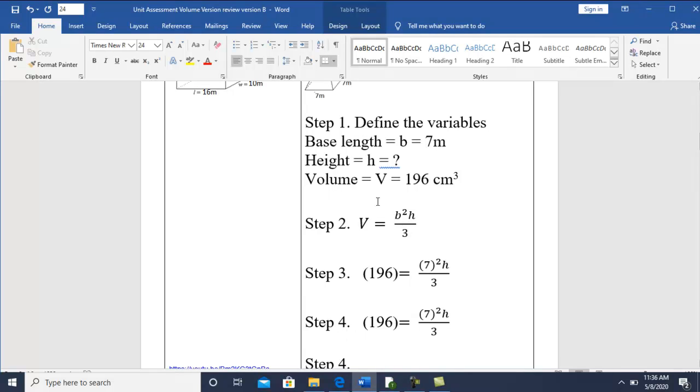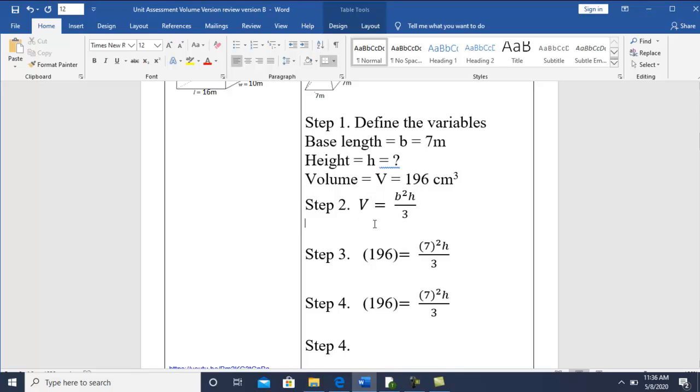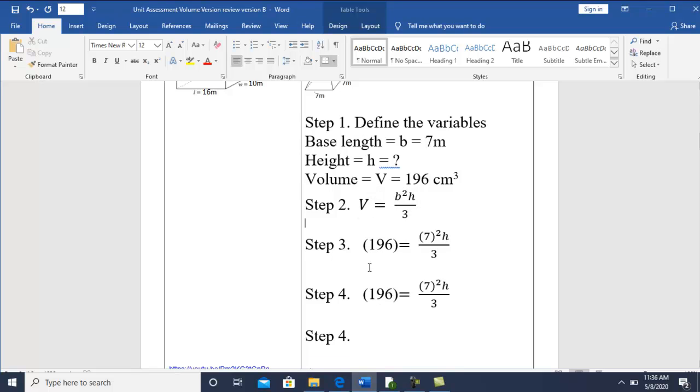I don't think they're helpful. So the way we're going to get rid of them is we're going to multiply both sides. Notice on the right side we have a fraction, and in the denominator we have that value of 3.